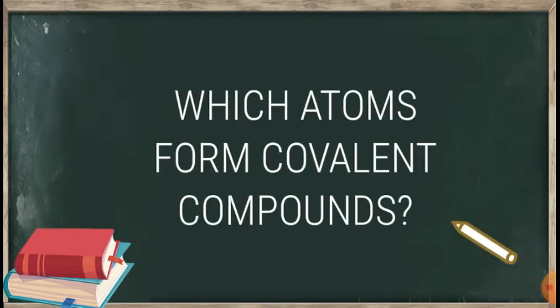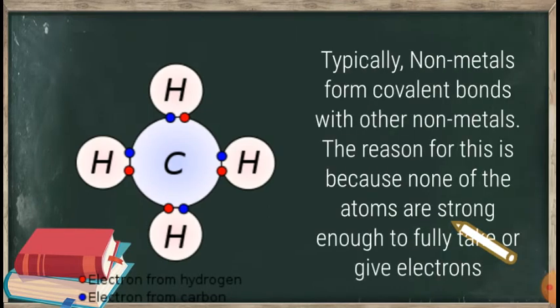Now, which atoms form covalent compounds? Okay, let's see. Typically, nonmetals form covalent bonds with other nonmetals. The reason for this is because none of the atoms are strong enough to fully take or give electrons. It's because their electronegativities are not really that far from each other.